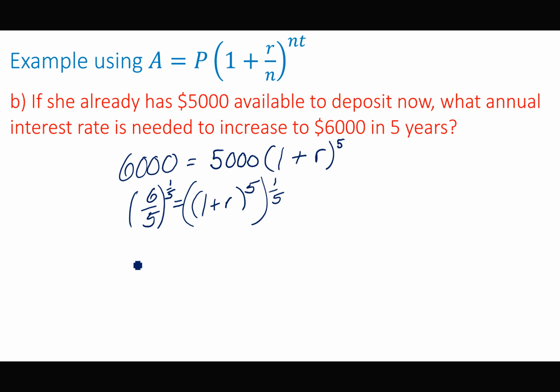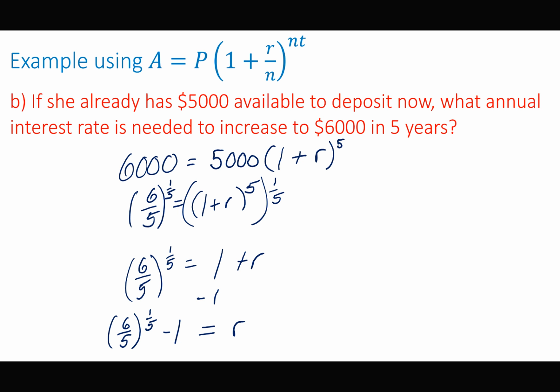Either way, I have 6/5 raised to the 1/5 power now equals just 1 plus r. I've undone that 5th power as my exponent on the right. Trying to solve for r, so if I subtract 1 from each side, 6/5 raised to the 1/5 power, subtract 1 will equal r.